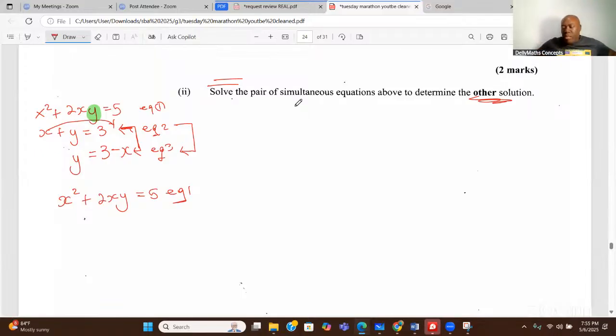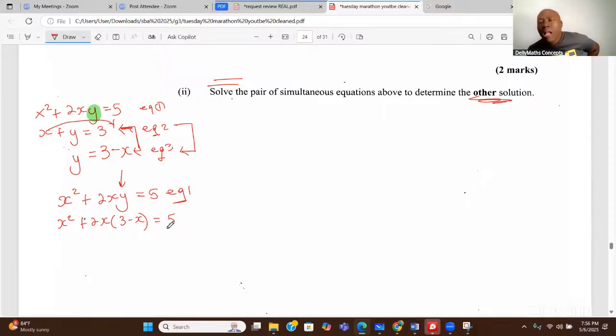Equation 1 is x squared plus 2xy equals 5. But remember now, y is something else. So watch this now. x squared plus 2x times y, where y is 3 minus x. Come on, people. And this is equal to 5. Let me stop there for a minute. Make sure everybody sees that.